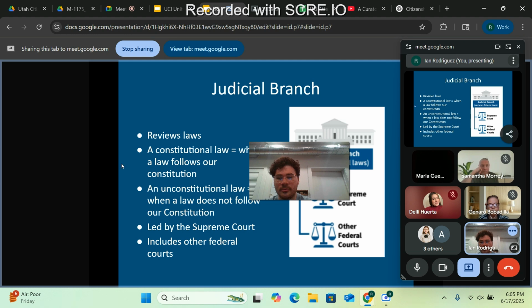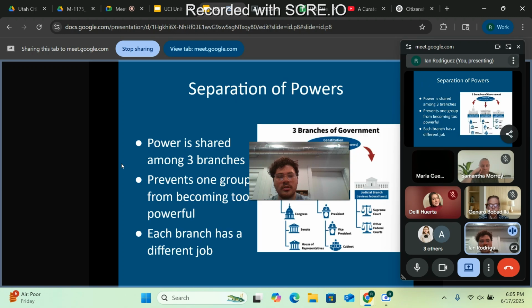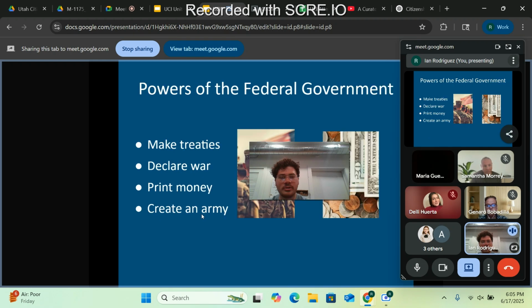But in reality, we have three different parts of our government, or branches, that do those jobs. That power is shared among the three branches, and that is called the separation of powers. Powers are not just within one branch, they are separated.